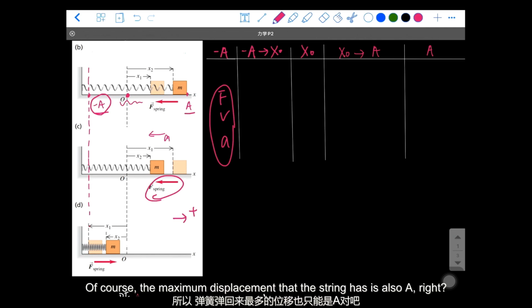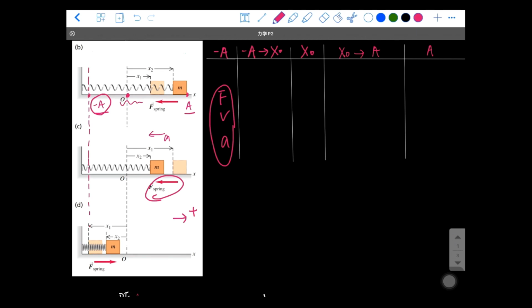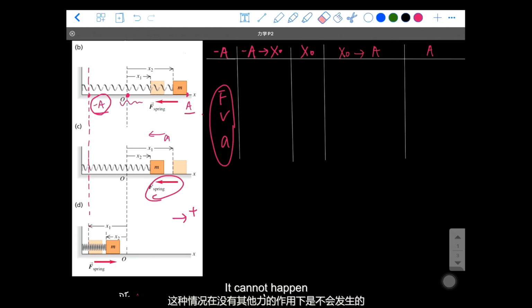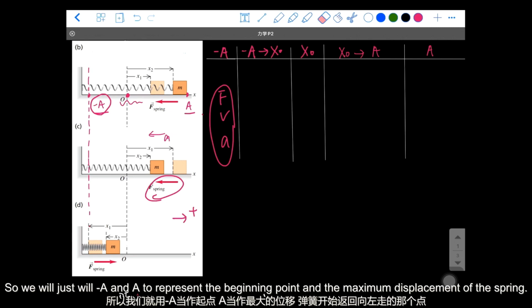And of course, the maximum point that this spring can be stretched is also point A, since if it is stretched further than point A, the potential energy of the spring will not be conserved, and it cannot happen. So we will just use minus A and A to represent the beginning point, and also the maximum displacement of the spring.